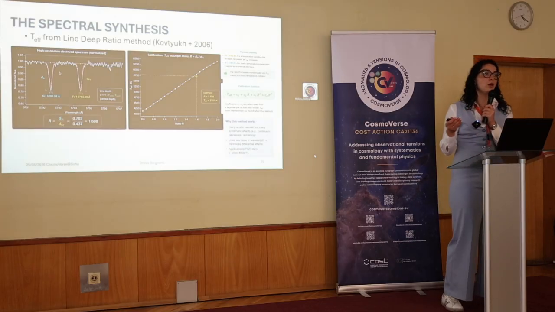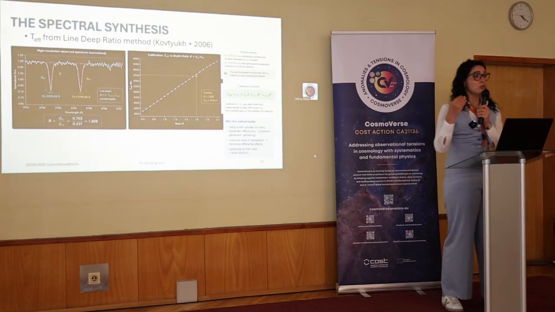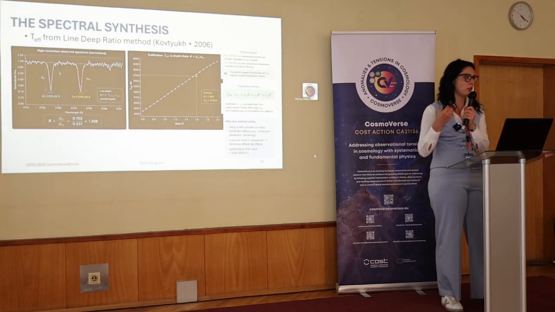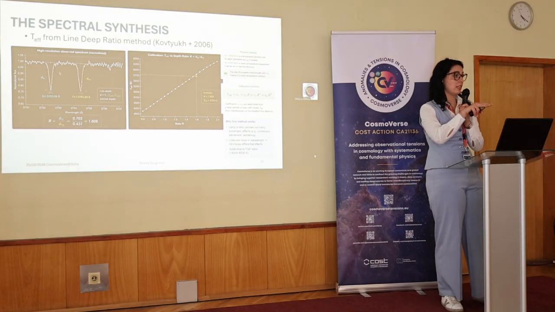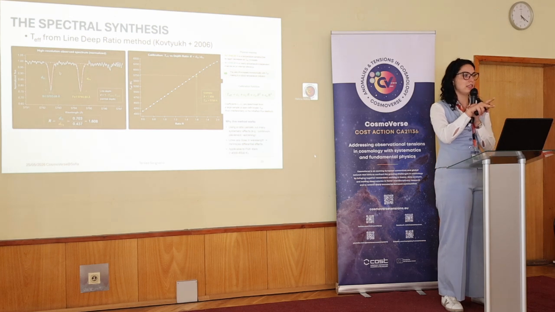When we observe a spectrum, we always have to remember that the light is passing through the interstellar medium, so we have to work with lines that are close enough that the reddening, for instance, has the same effect on both lines.